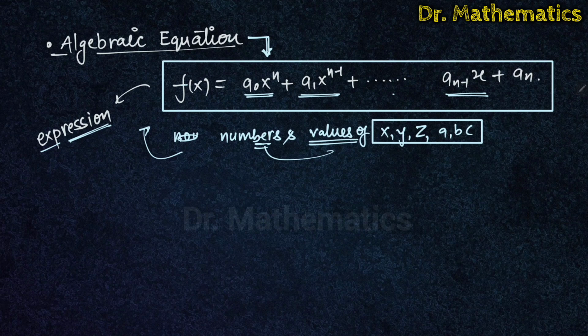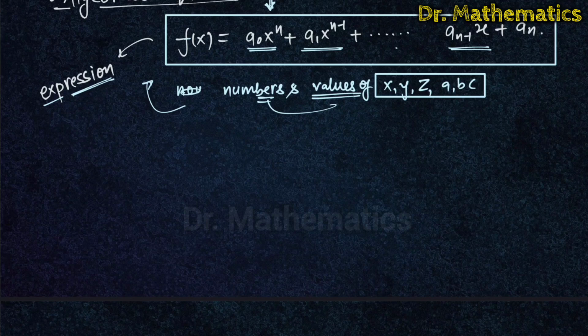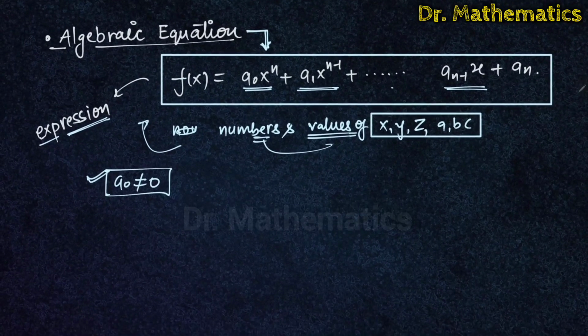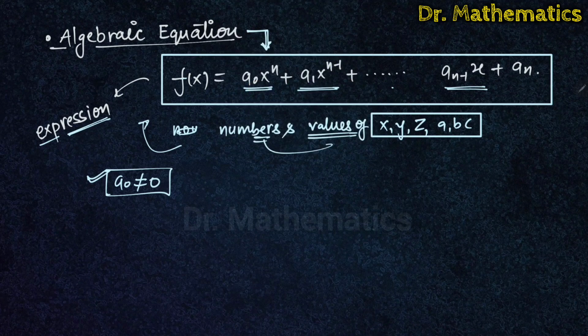Second, here you have to understand, the most important part is that a naught is not equal to 0. Did you understand? A naught is not equal to 0. For an algebraic equation of degree n, a naught must not be equal to 0. We have to remember this. Okay, in x to the power n, where n is what? n is a positive integer.